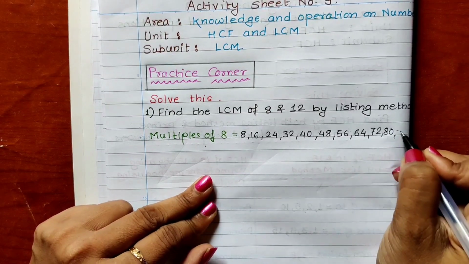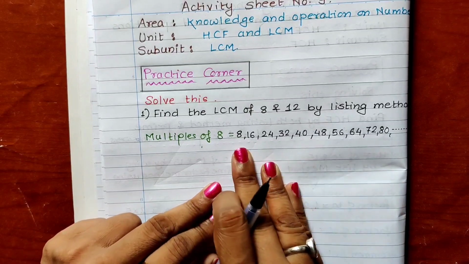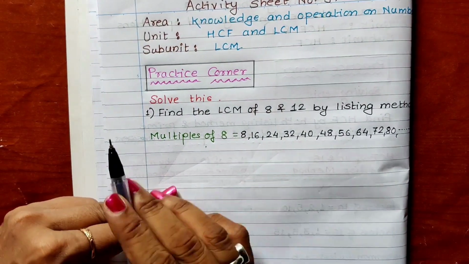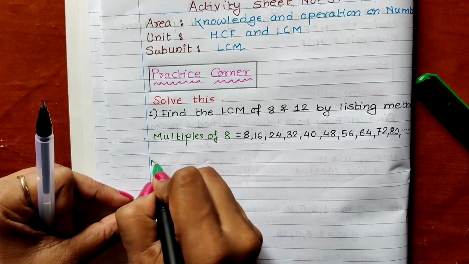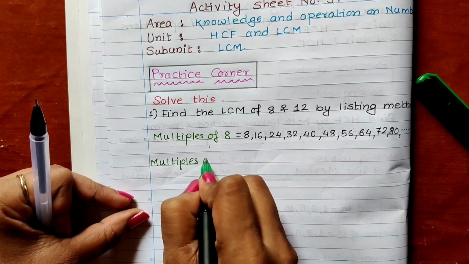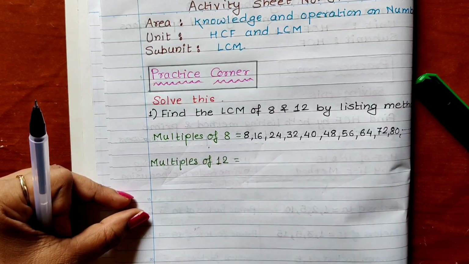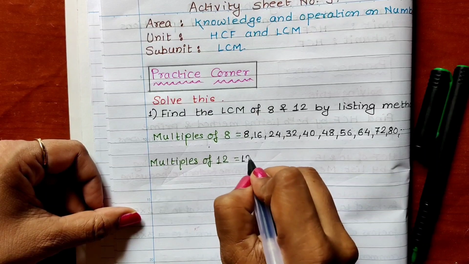You have to keep on writing dot dot dot because the table never ends. So 8 1s are 8, 8 2s are 16, 8 3s are 24. Like that I have written the multiples of 8. Now I have to write the multiples of 12, that means the table of 12.